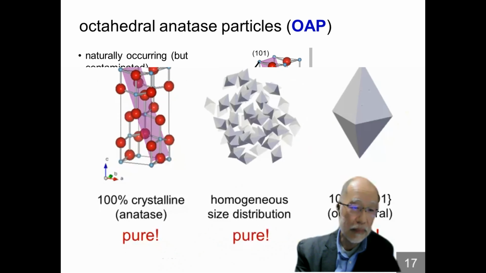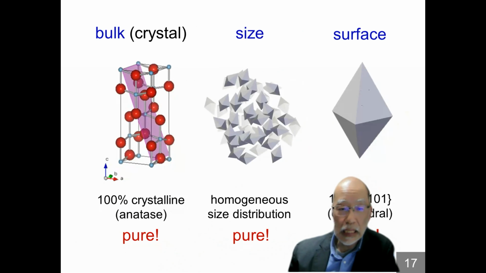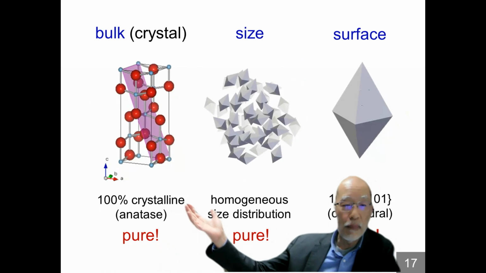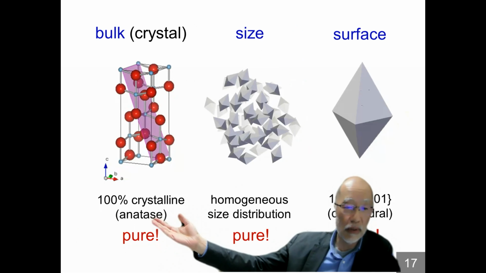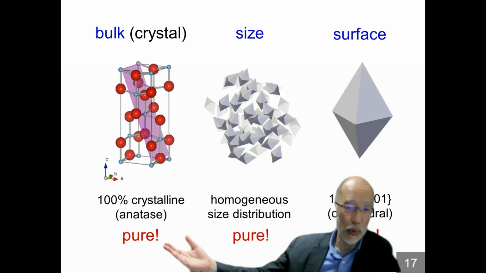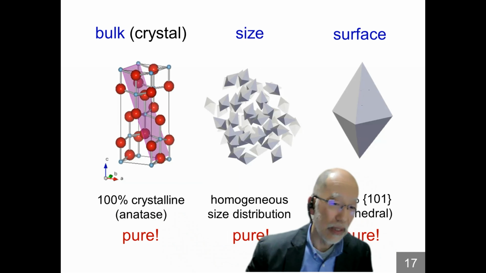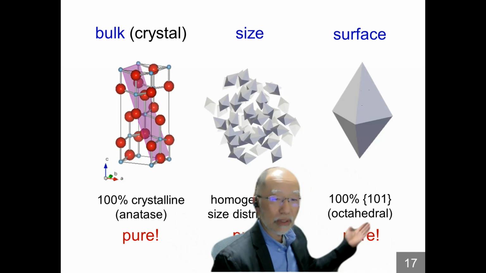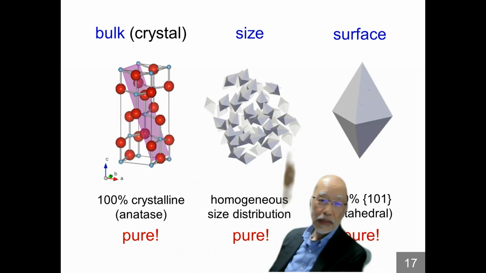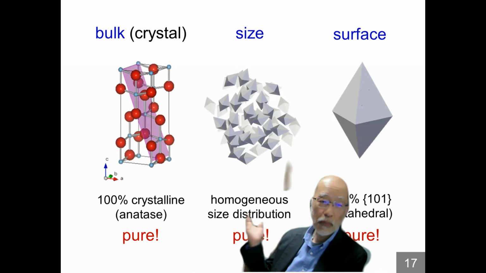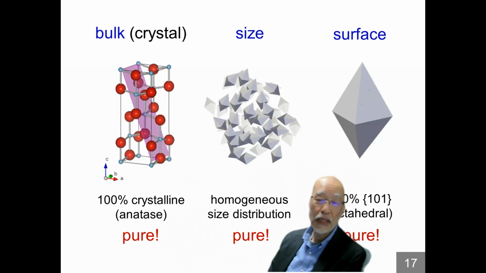So if we can obtain these pure octahedral particles, the bulk structure is pure Anatase, and the surface structure is all 101. So this is pure. And if the size has a homogeneous distribution, that can be pure.